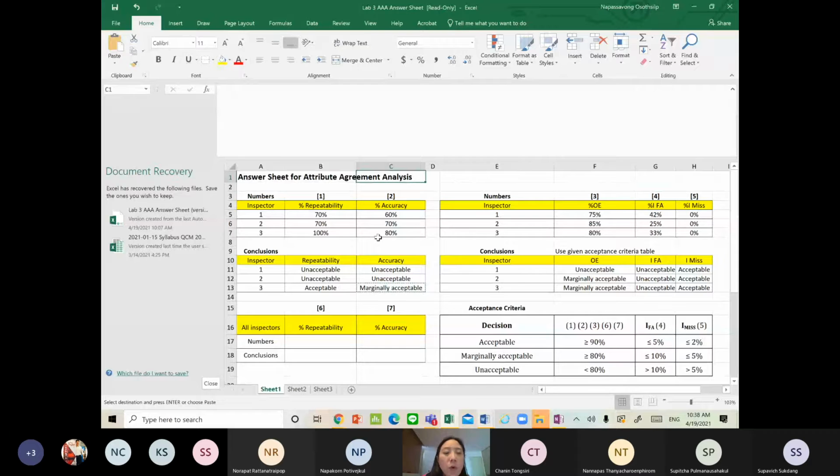For inspector number 1, do you think you should accept his performance, and if not, what should you do to improve his performance, or which indicators should you improve? Let's have 1 minute for you to think about this, and then I will ask for some opinions from you.